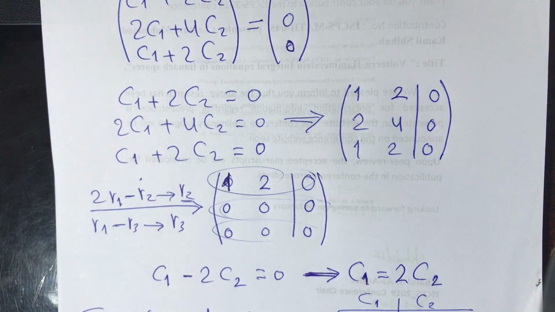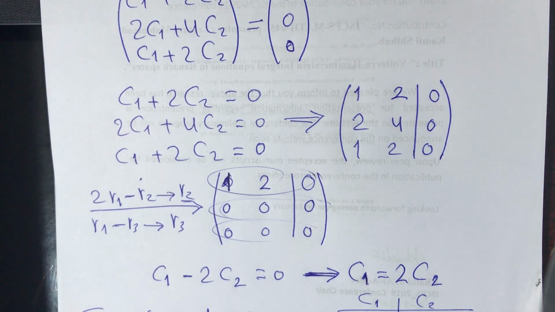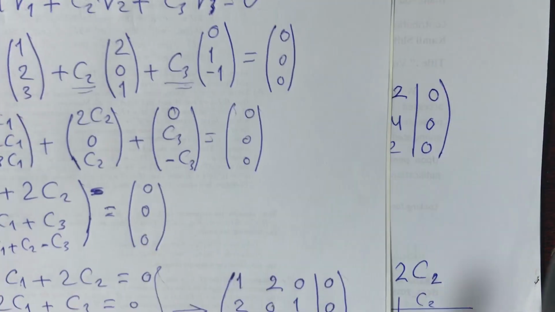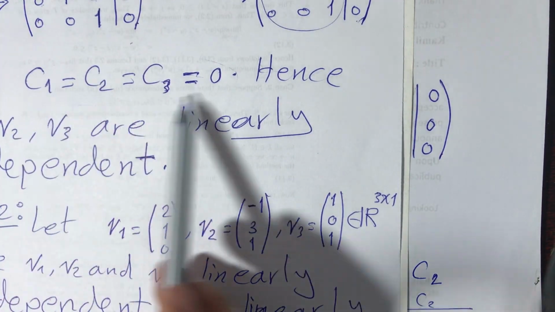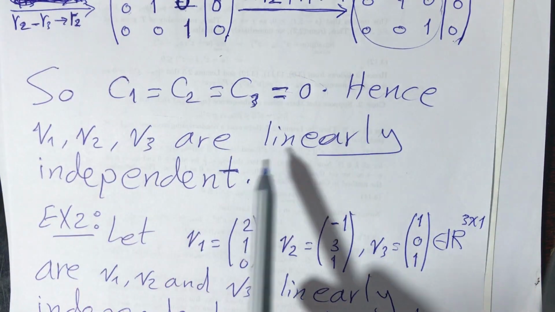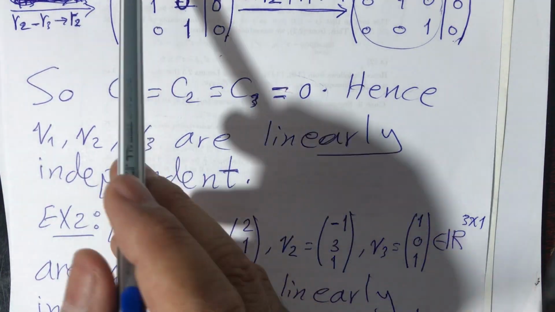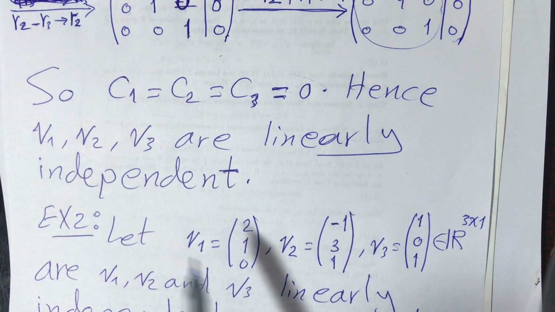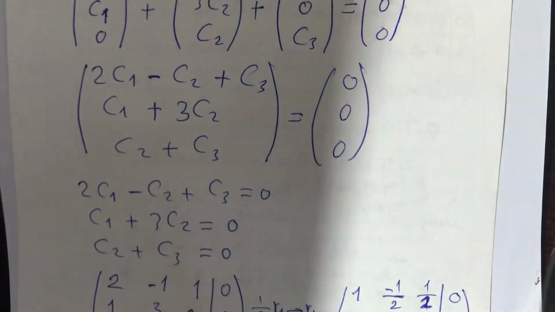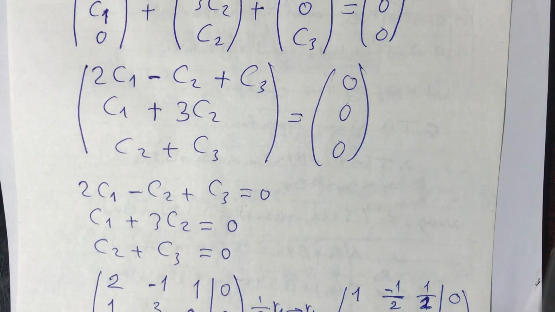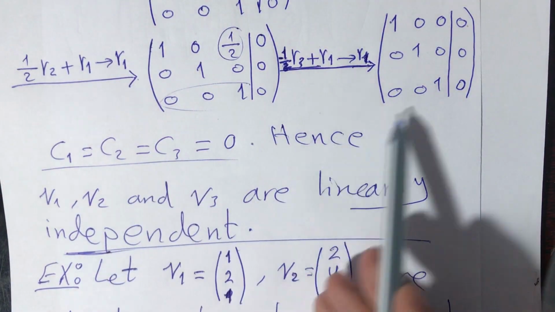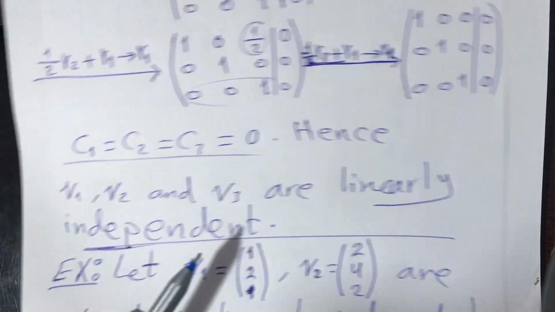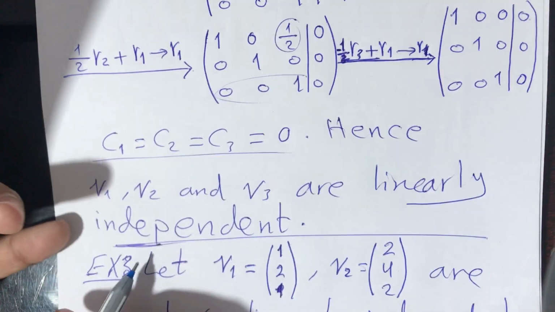In example 1, there is a unique solution, just one solution, which is 0. And so we say that V1, V2, V3 are linearly independent. Also in example 2, we get a unique solution, all of them 0, because we get the identity.